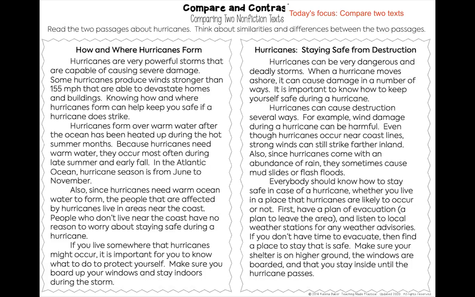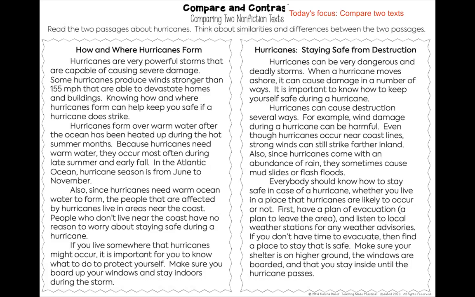There's other details that support that, such as summer months, June to November, warm water. That's just our big idea from that one. Now we'll keep moving on. Again, you will need those small details, but if we're just trying to pull out some big ideas right now, that's where we'd be headed.